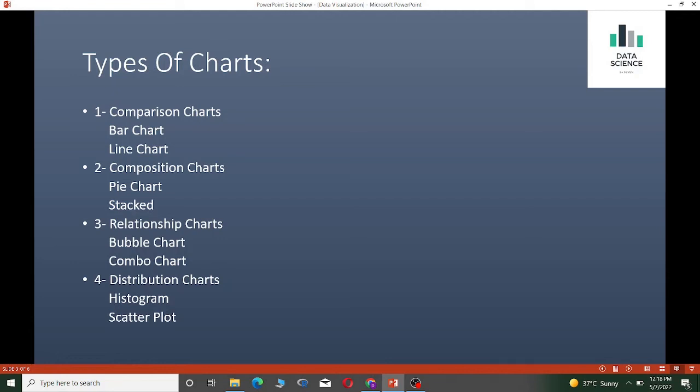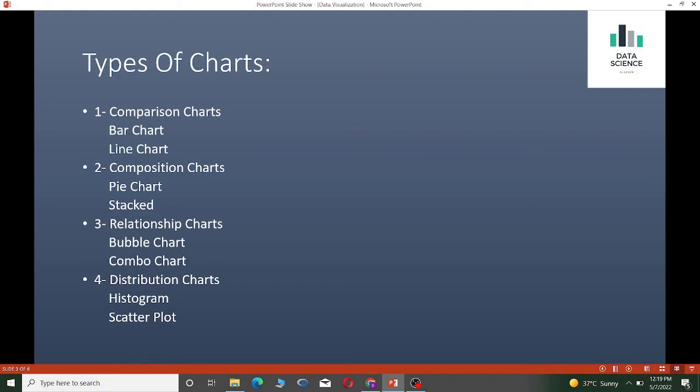Okay, and one more important thing, guys: suppose we are plotting a scatter plot. Here it is shown that it is used as a distribution chart, right? So it does not mean that it won't tell you the relationship. It will tell you the relationship also.